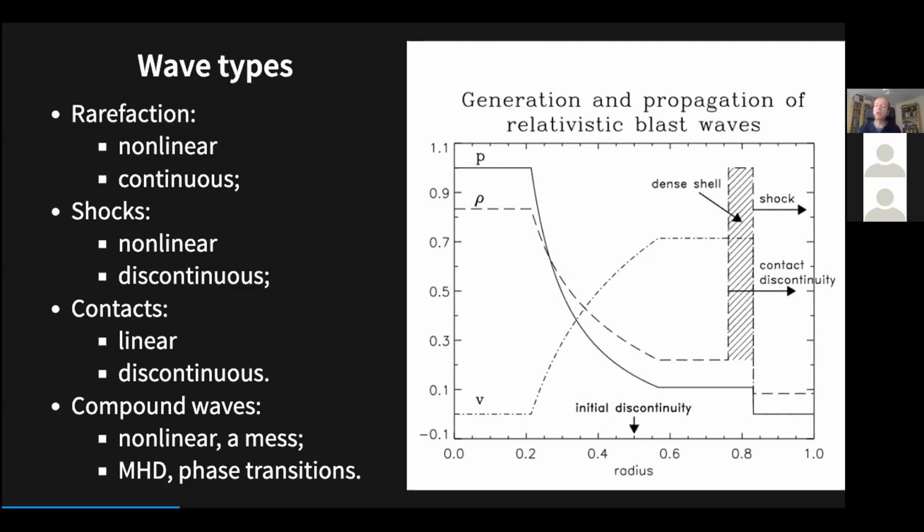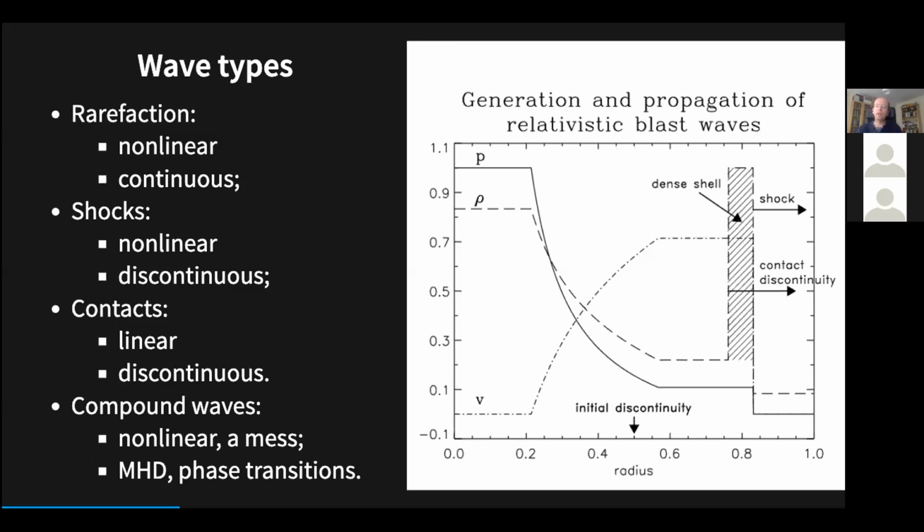That is, the characteristics to the left of the wave are propagating faster than the characteristics to the right. This is typically associated with a jump in every single variable. So in the hydro case, we can see jumps in velocity, density, and pressure. We would also typically see jumps in entropy and temperature.